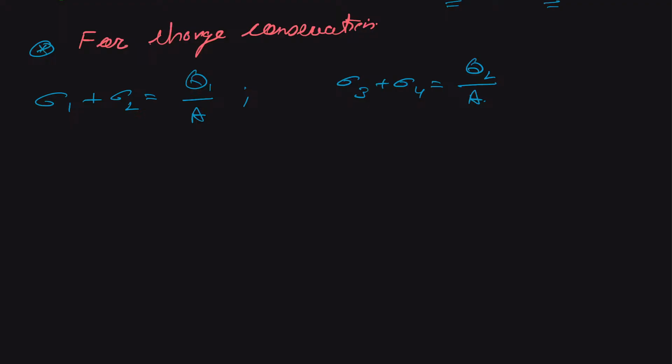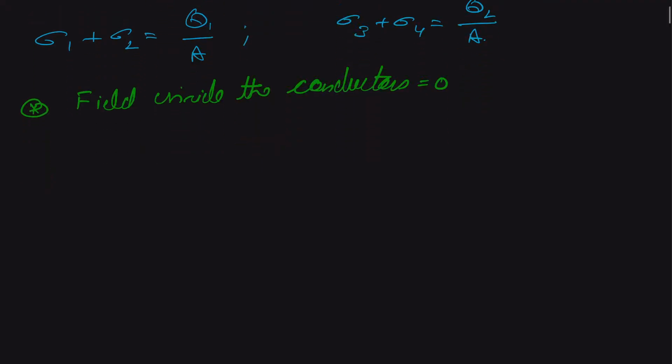And for that, we know that our electric field inside the conductors is equal to 0. And therefore, we are going to consider a Gaussian pillbox that is inside plate 1. And from there, we are going to find that the field inside the conductor must be equal to 0.